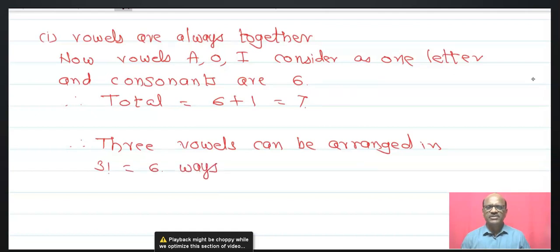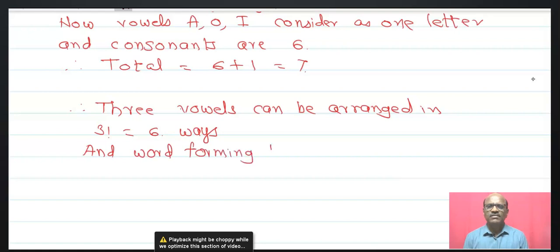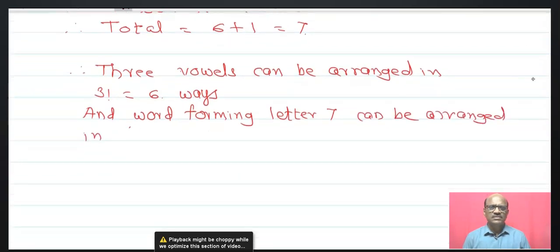That is, 3 factorial means what? 3 into 2 into 1, that is equal to 6 ways. And the word forming seven can be arranged in 7P7.